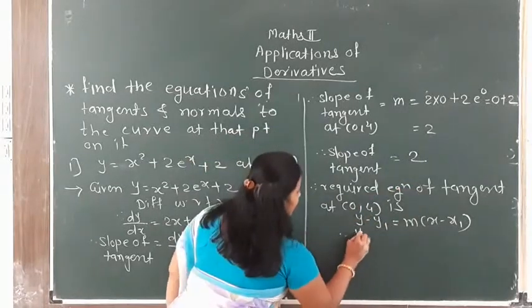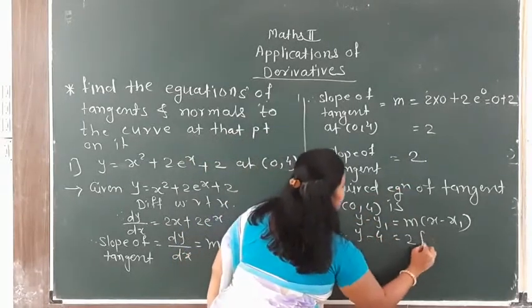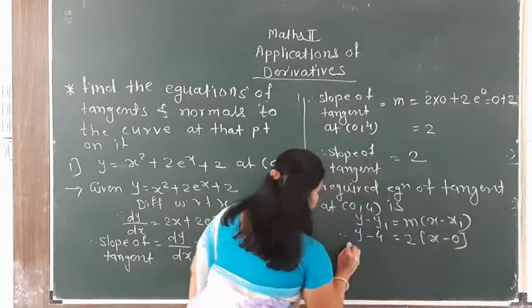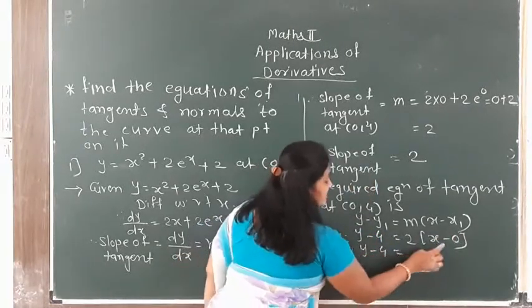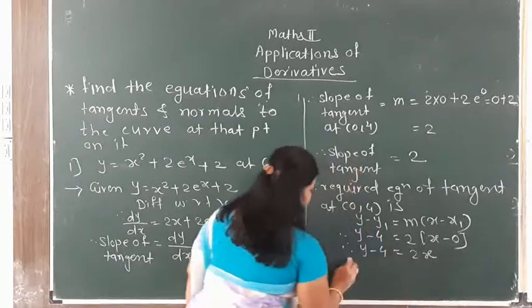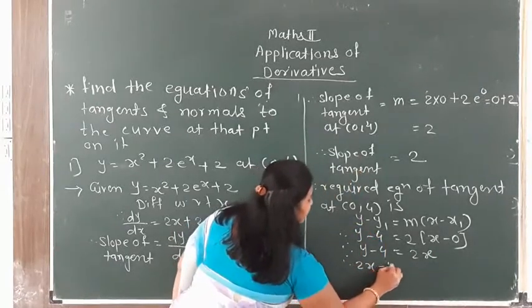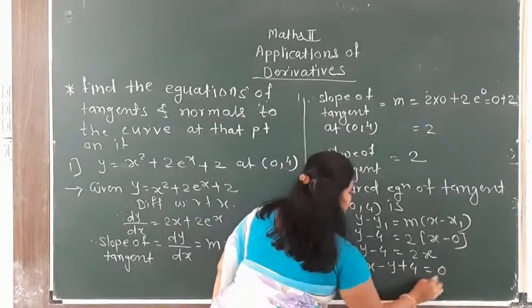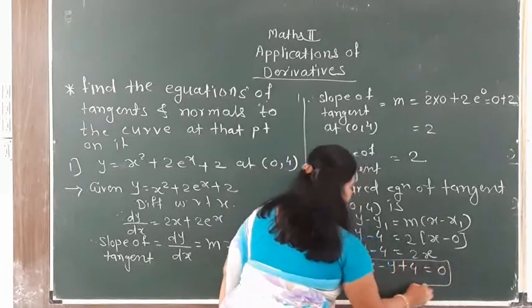So y minus 4 is equal to 2 times x minus 0. So we get y minus 4 is equal to 2x, so we get the equation 2x minus y plus 4 is equal to 0. This is the equation of the tangent.